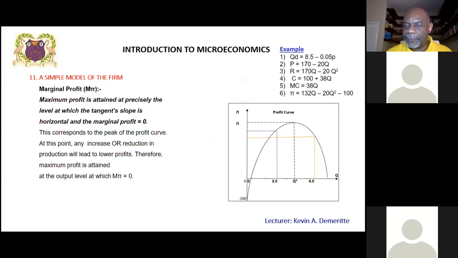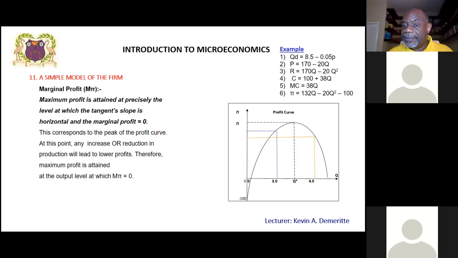Here's our profit curve. And finding out the marginal profit, or the slope, says that, okay, we found out what the equation is to allow us to calculate the slope at different points on this curve, or different levels of output. So we can find out what the slope is when producing 3 or 4 or any number.